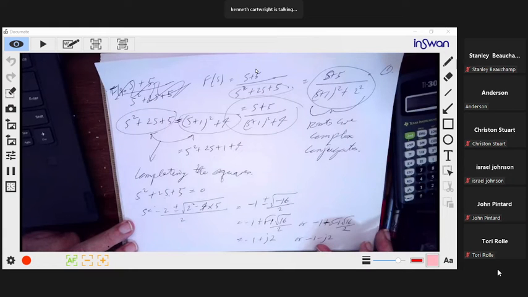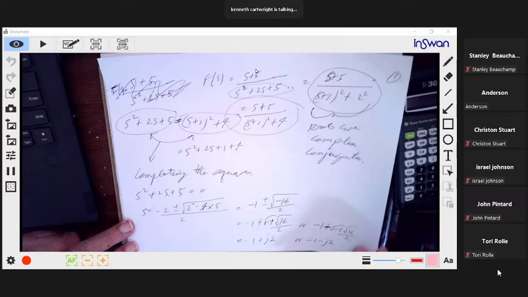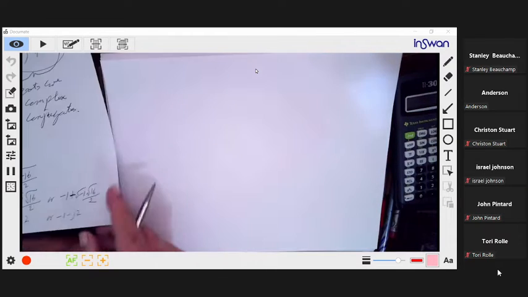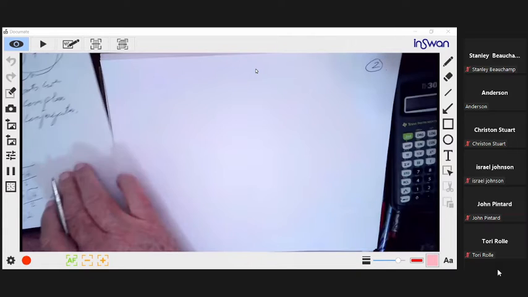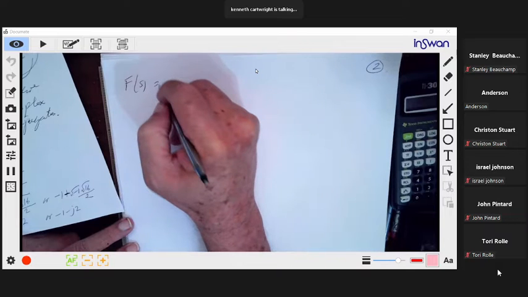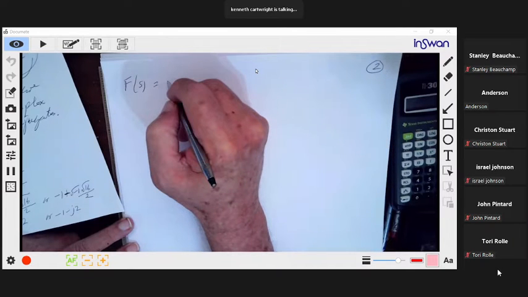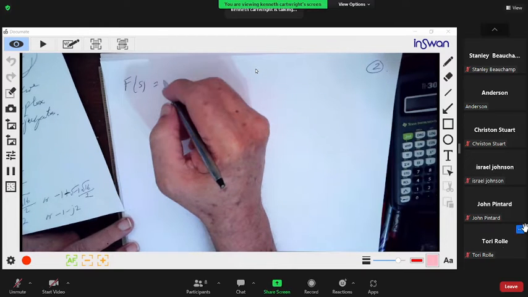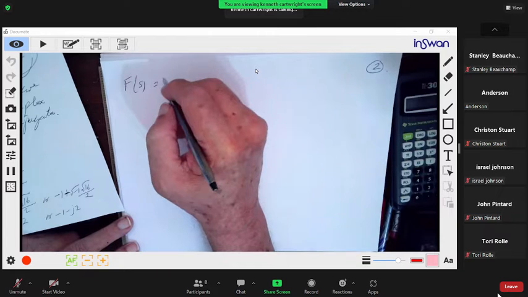Now, I want to show you a different way that'll come in handy for more complicated equations. So to rewrite, we have f of s equals s plus 5 over s squared plus 2s.